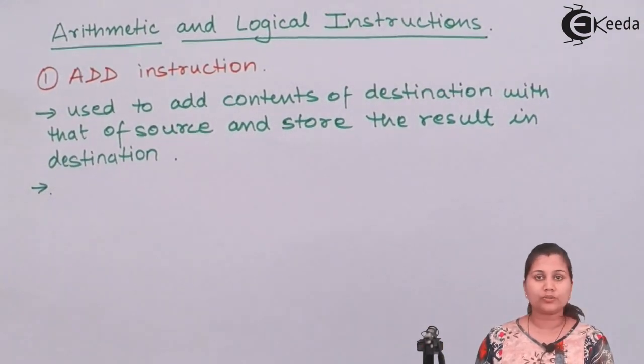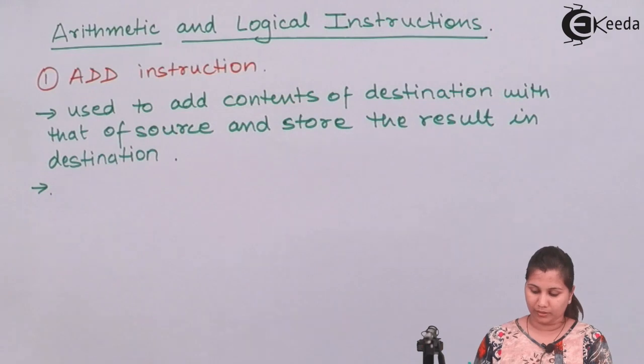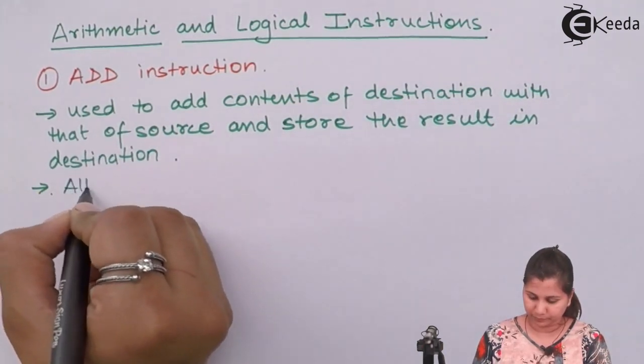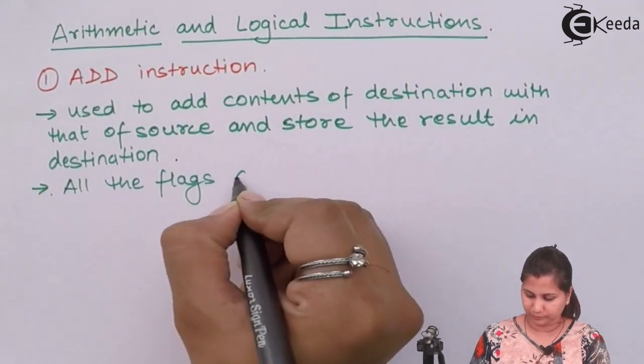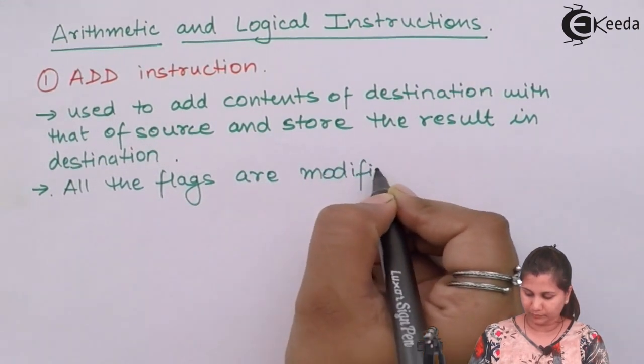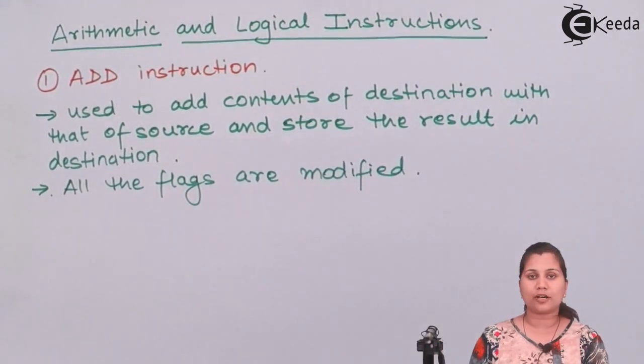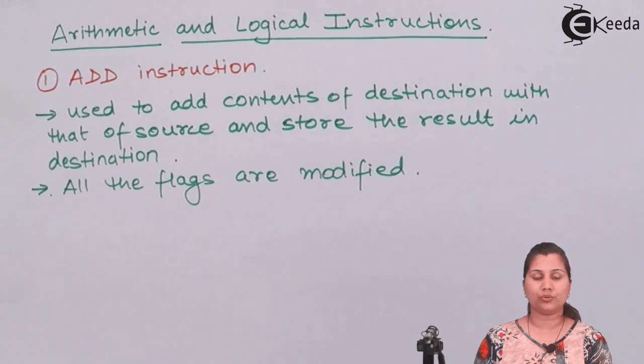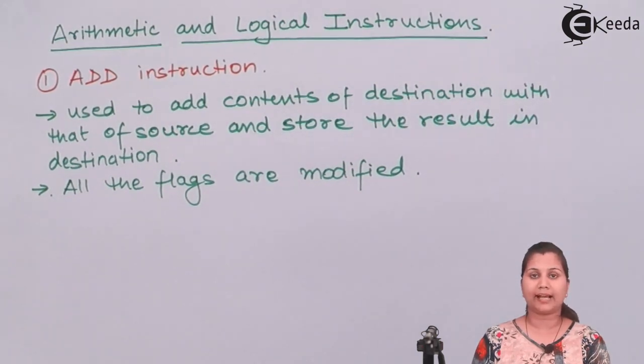Here the source and destination can be registers, it can be an immediate data also, it can be a memory location also. When the add instruction is used, all the flags like carry, auxiliary carry, sign, parity, zero, overflow, all these flags are affected.